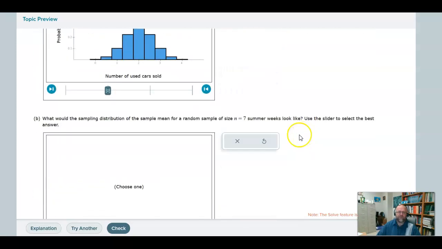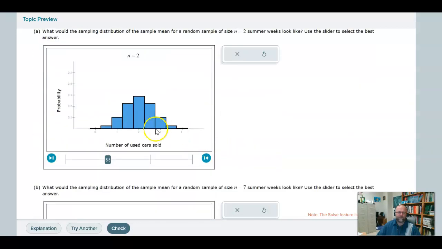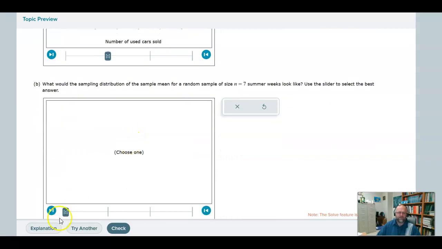For this next one here, it says the size n is equal to 7. So now we're getting up. We should expect something like this, same mean, but it's going to start even later than this, like 0.5, and end somewhere less than 3.5. So let's take a look.